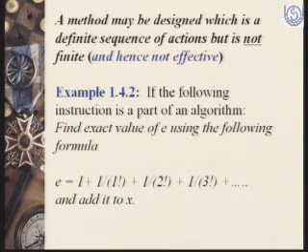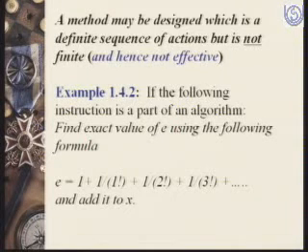That is, E is equal to 1 plus 1 by 1 factorial plus 1 by 2 factorial plus 1 by 3 factorial and so on. Now, this is one of the ways of finding the value of E. However, in order to execute this solution, you require infinitely many steps, which is not possible. Therefore, this particular method is not effective, and hence it is not entitled to be called an algorithm.